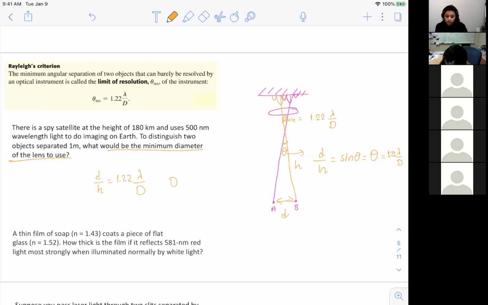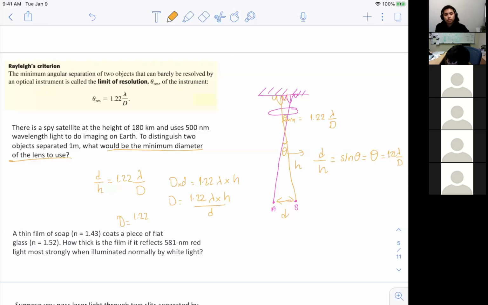And to solve for D, you do cross products. Small d times capital D equals 1.22 lambda times H. Then the capital D is 1.22 lambda times H divided by small d, right? And if you plug in the numbers, 1.22, the lambda is the wavelength of the light, and I assume it's 500 nanometers.